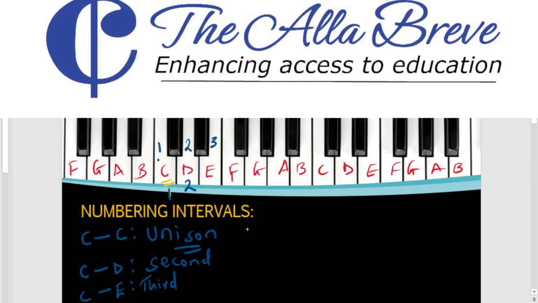Let's consider C to F. So if you play a C and play an F, the gap in between them is 1, 2, 3, and 4. We call it a fourth.